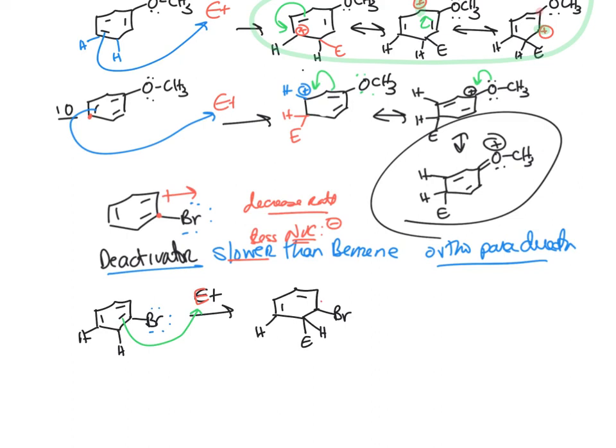And now we have the positive here. And we have these electrons on bromine that can go into the ring. And bromine has an expanded octet, and it can also hold that charge. And so this is the reason why that electrophile can go ortho or para, because then you can get that positive charge on the bromine. Consider the reaction of nitrobenzene with an electrophile.